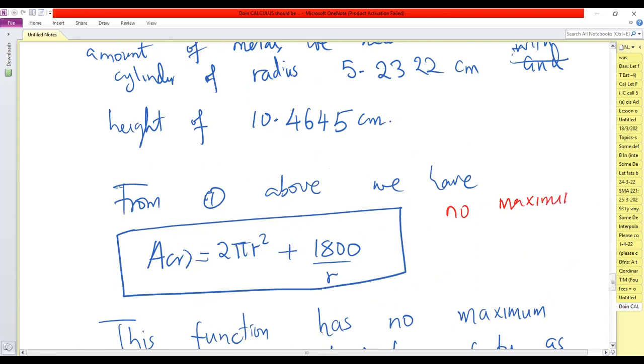So if there's no maximum, then it is not possible to design a cylindrical can of volume 900 cubic centimeters to have the largest possible surface area. That's how we're supposed to solve that problem. Question 1C. Thank you.